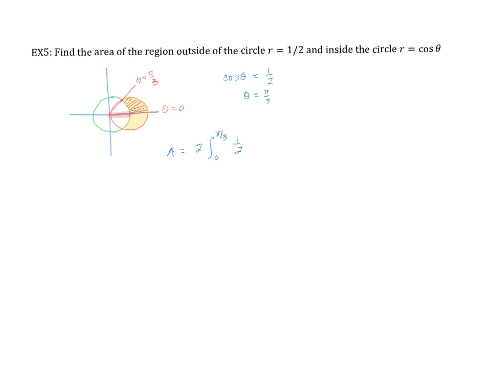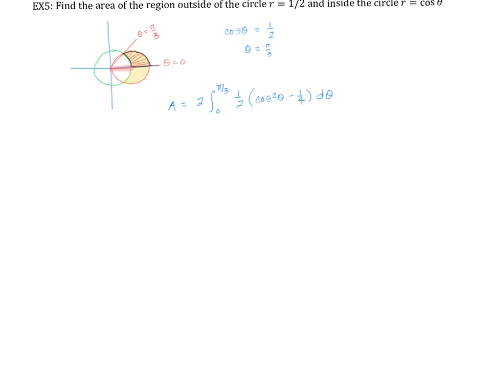So looking at this graph, I see this red curve is the larger. The green curve is the smaller. Which would mean it's cosine squared minus 1/2 squared, which would be 1/4. So that would be the integral that I would set up.